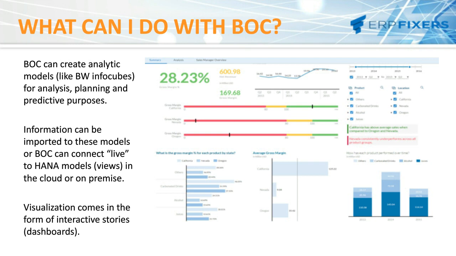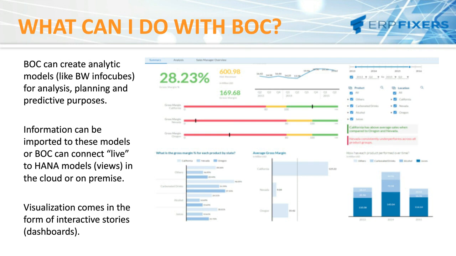Or information can be imported into models from on-premise sources, SQL databases, flat files, SAP ERP applications, and others. And of course, you can also upload your own information, loading a flat file or an Excel file from your computer.